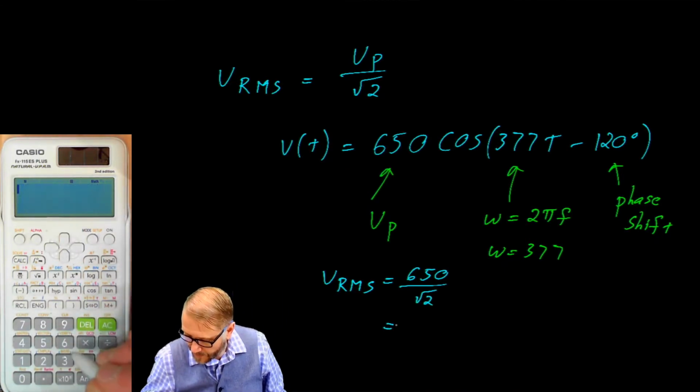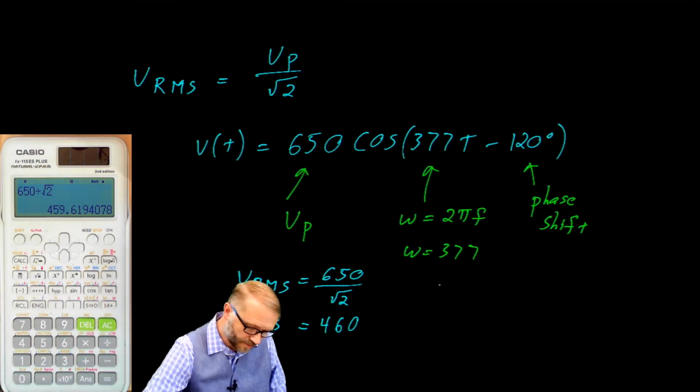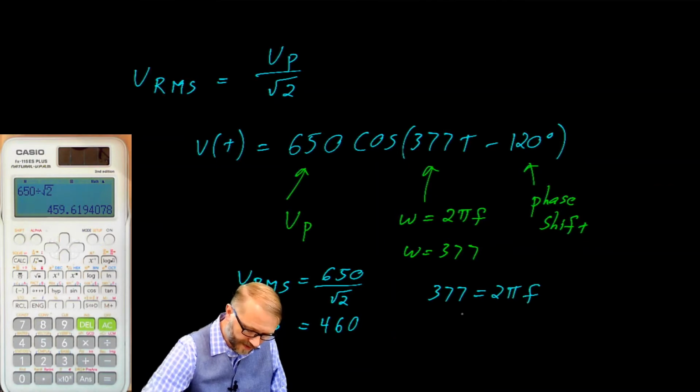The RMS voltage is equal to 650 over root 2. Mode normal, 650 divided by square root of 2. So that gives us an RMS voltage of 460 volts. And we said omega is equal to 377. So 377 is equal to 2 pi f.